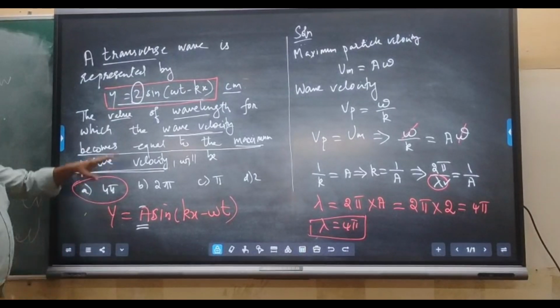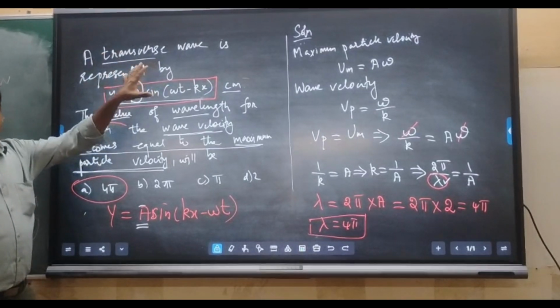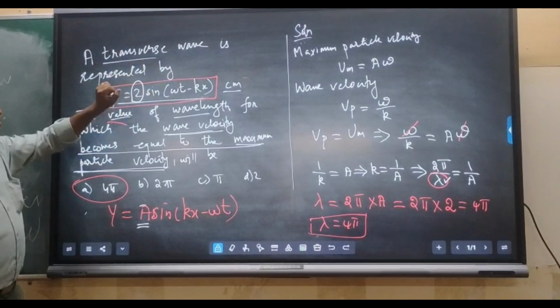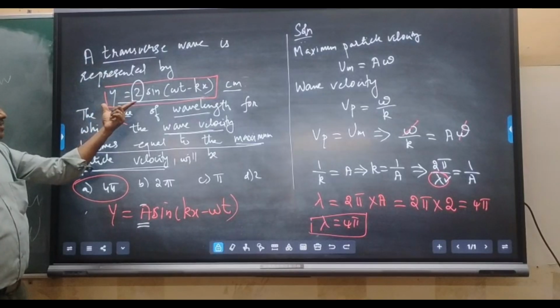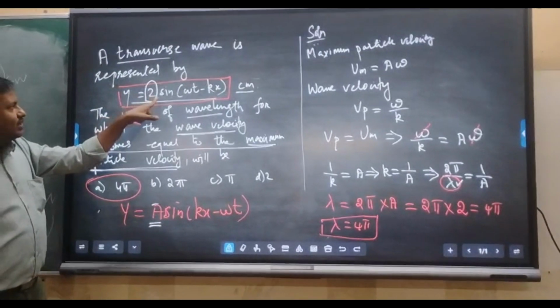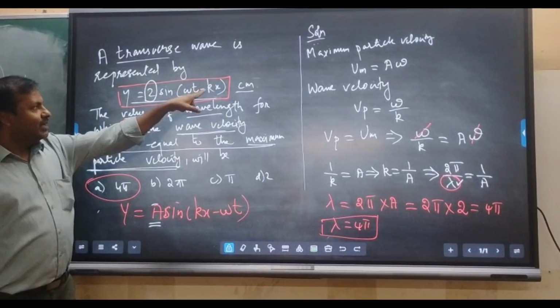Let me recollect what we have solved. There is a transverse wave with the expression y equals 2 sine (omega t minus kx).